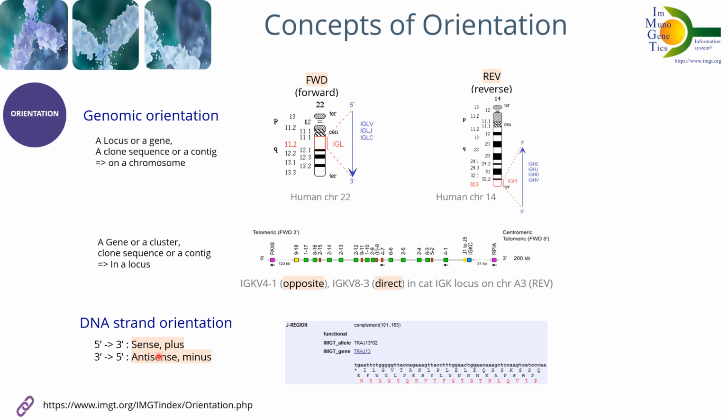Entities are said to be sense or plus if they have the same orientation as the sequence, or antisense or minus otherwise. Please note that in the case of antisense entities, the sequence has to be reverse complemented to get the correct coding region. The concepts of orientation are detailed in the IMGT index on the website.